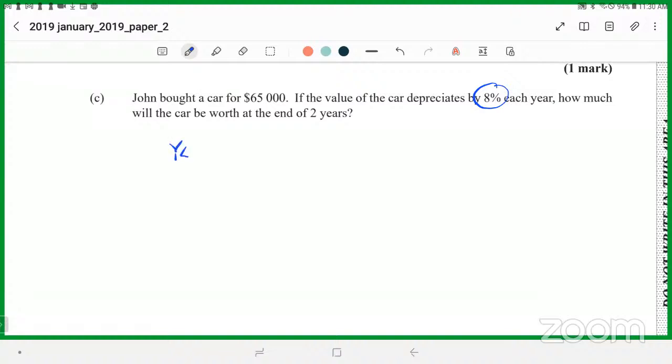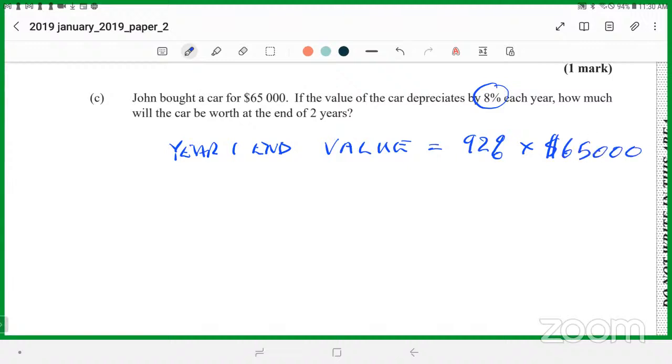So after year 1, the value is going to be 92% times the original value of 65,000. 92% is 0.92, or 92 over 100.